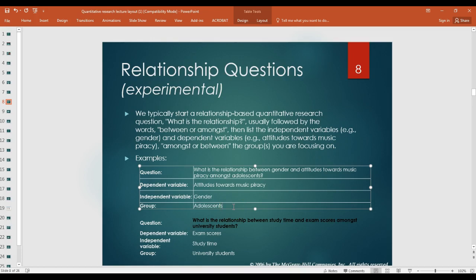Now, we're going to discuss in a minute what a variable is and what the difference between dependent and independent variable is. I just want you to look at the stronger one, or the one that we're manipulating, or the one that we really want to know the difference between. It's the independent variable.